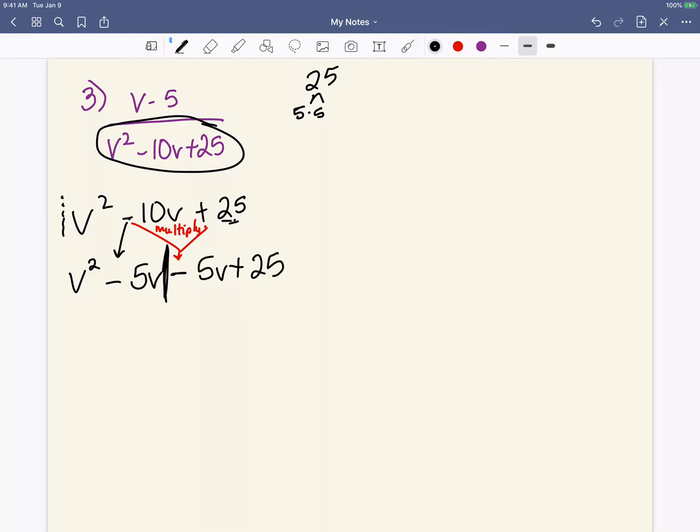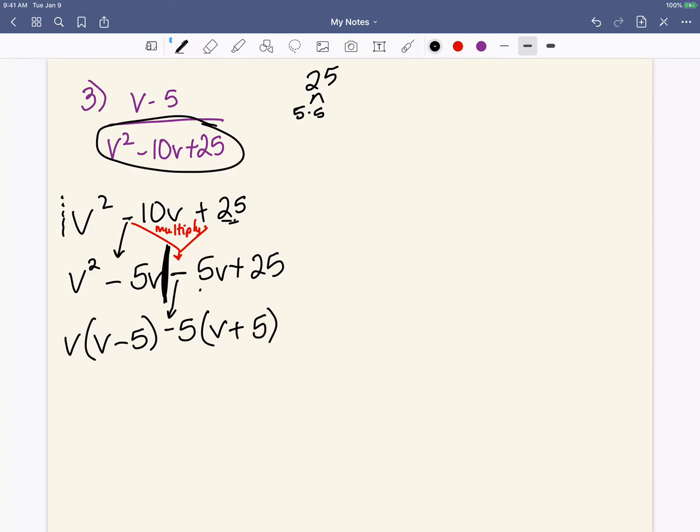Now I separate both halves. I find the greatest common factor between v squared and 5v, which is just v minus 5. Between 5v and 25, the greatest common factor is 5. Now remember, I just bring down that negative. And that's going to give me v plus 5.